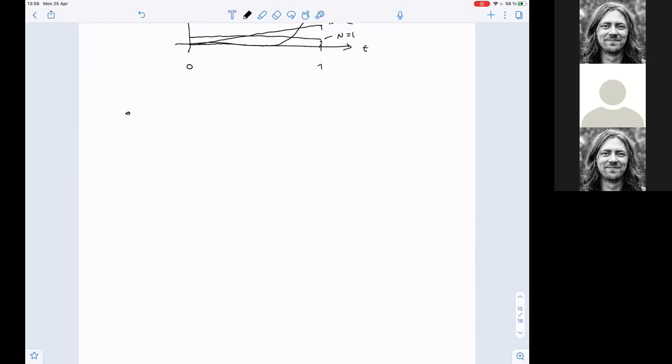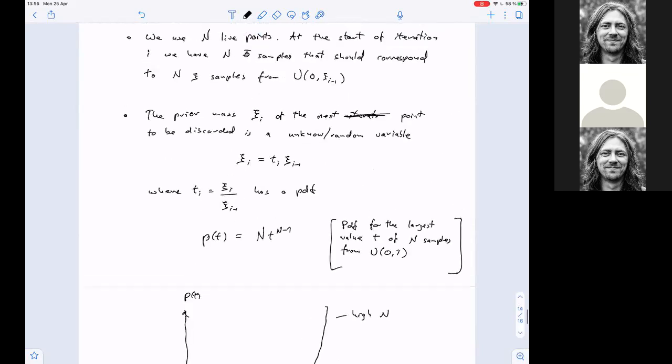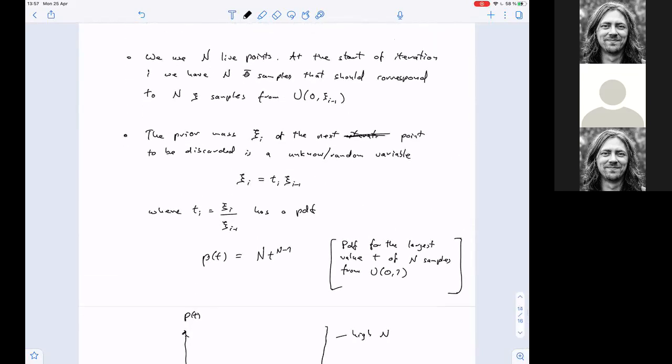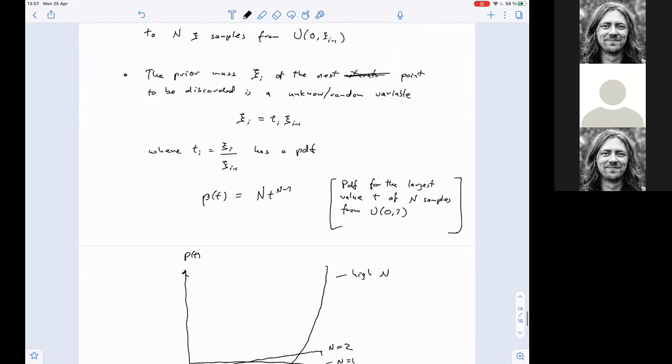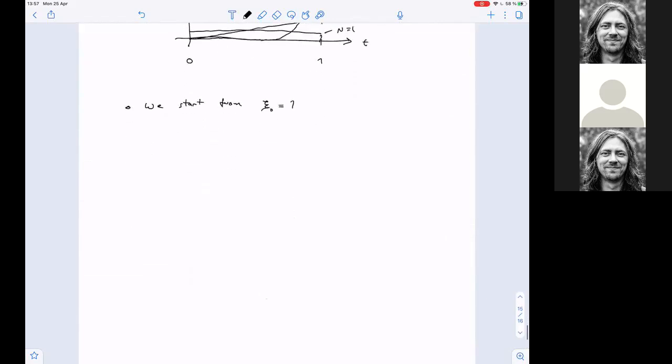We start from the first iteration, saying we contain the entire prior mass, and we now have an expression for psi i if you know psi i minus 1, and we have the starting point psi 0 equals 1.